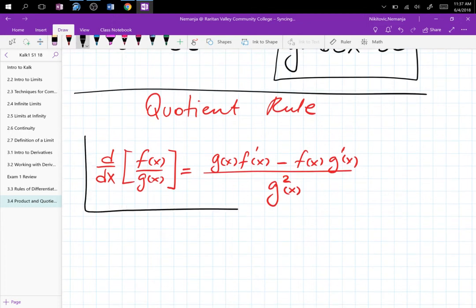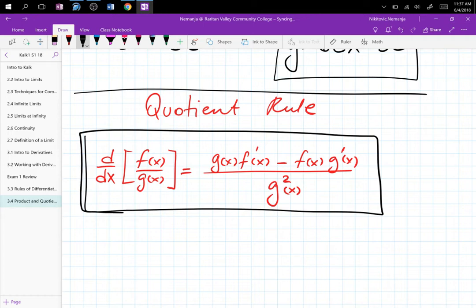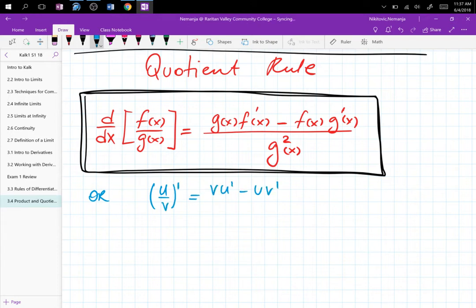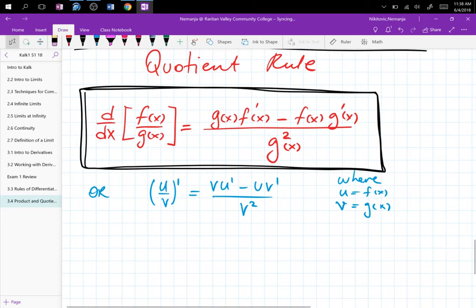So that's the quotient rule. In terms of u and v, the derivative of u divided by v is v u prime minus u v prime, divided by v squared, where u is f of x and v is g of x.